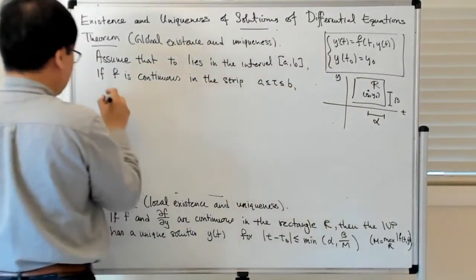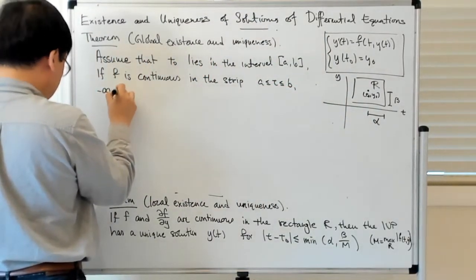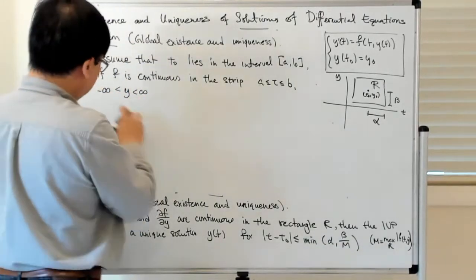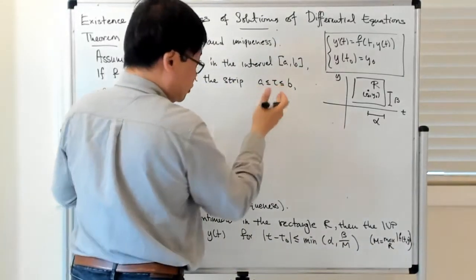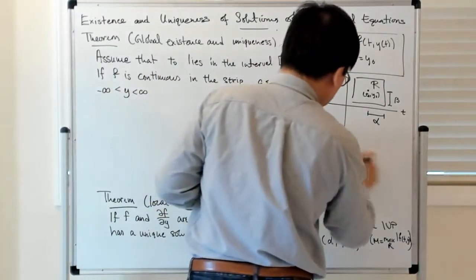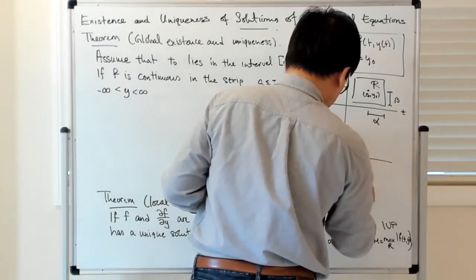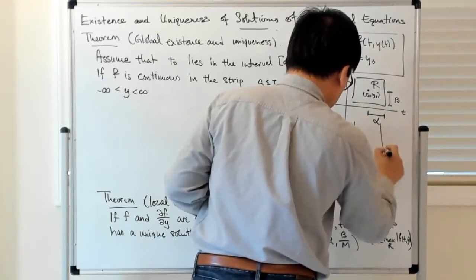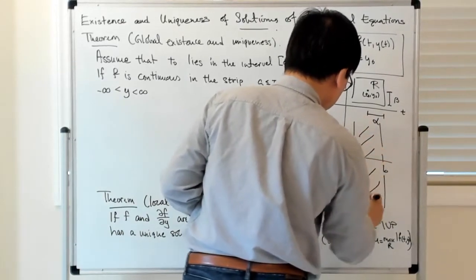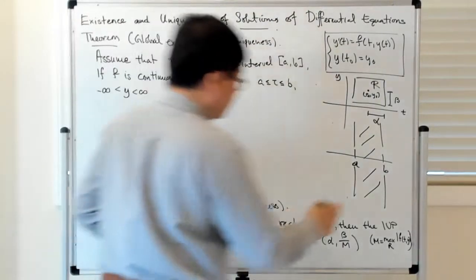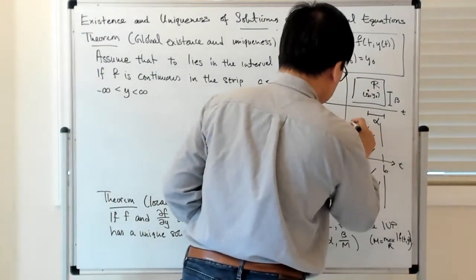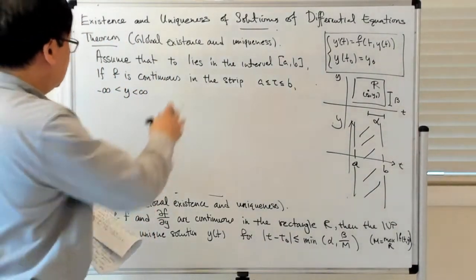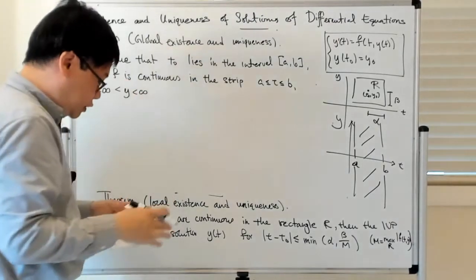You also need that it's continuous in this thing where y is allowed to be any value, right? So there's no constraint on y, but there's a constraint on time. So if you have a and b, right, this is time, and this is y. On this strip, the function f is continuous, right?